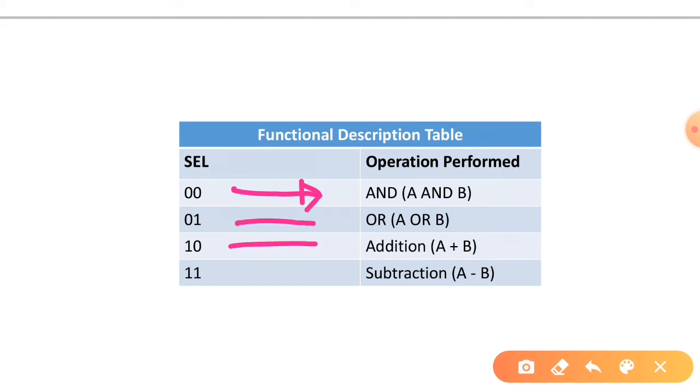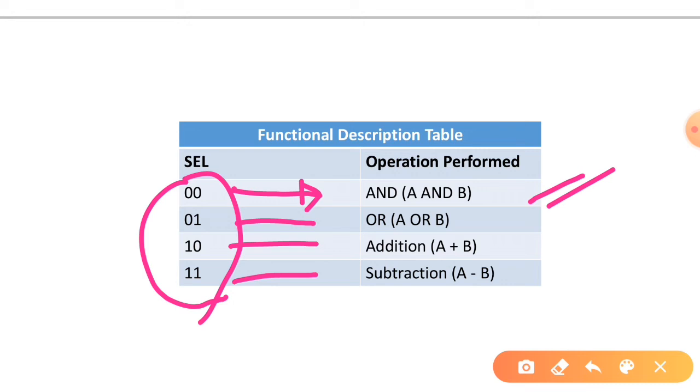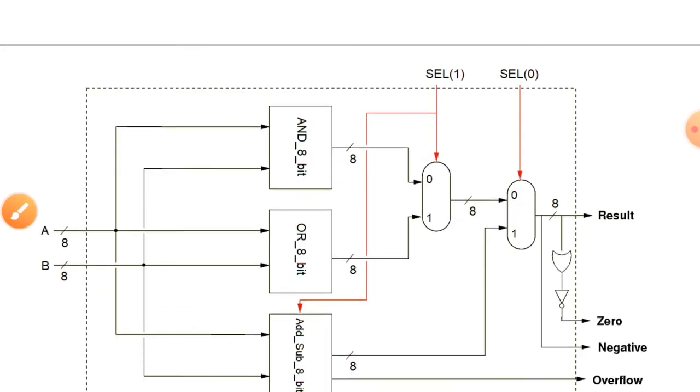If 10, then addition. If 11, then subtraction operation will be performed. How have we obtained this information that these select signals will perform this particular operation? To understand that, we need to understand the internal diagram of the ALU. So let us explore the internal diagram of the ALU.